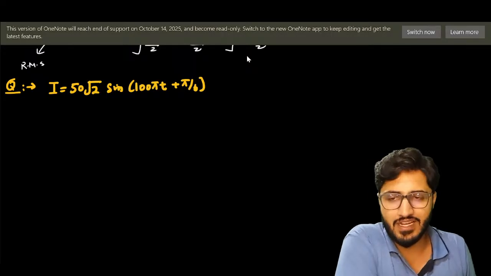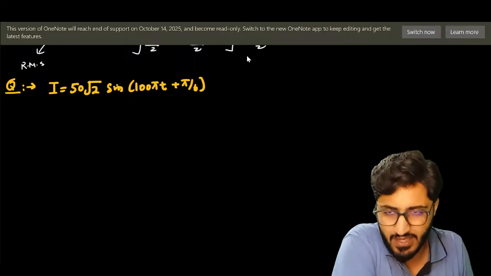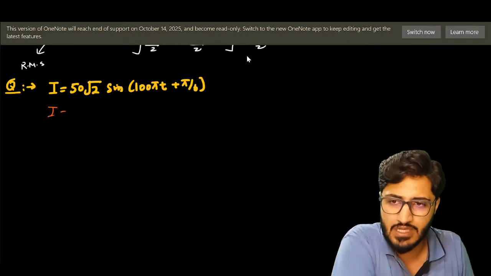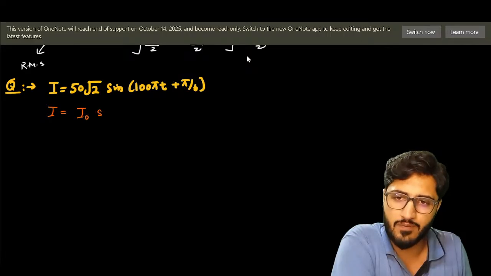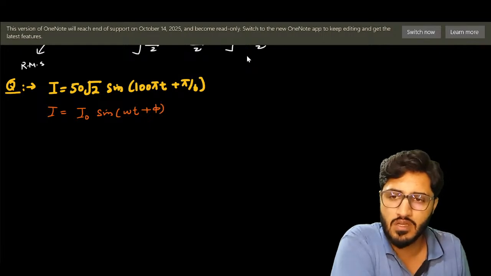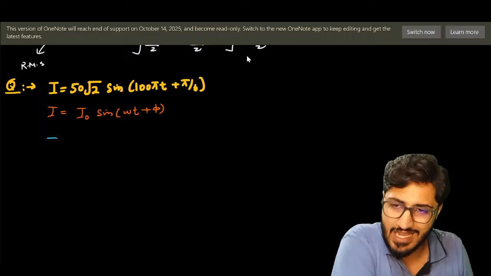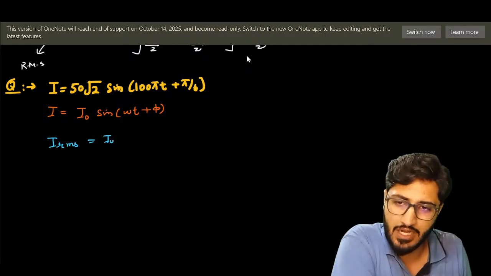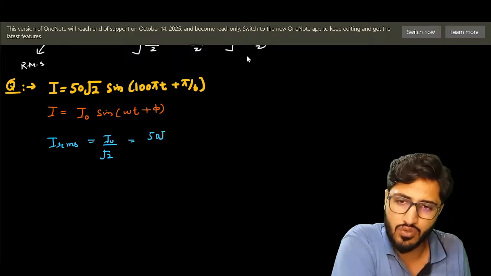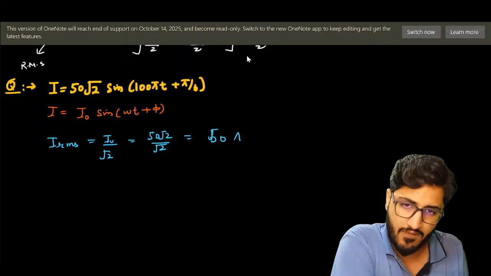If we have any expression like this, just compare it with the standard form: I naught sine of omega t plus phi. So by this expression, what is I RMS? Sir, I RMS we know is I naught divided by root 2. I naught is 50 root 2, divided by root 2. So the answer came out to be 50 only, 50 ampere.